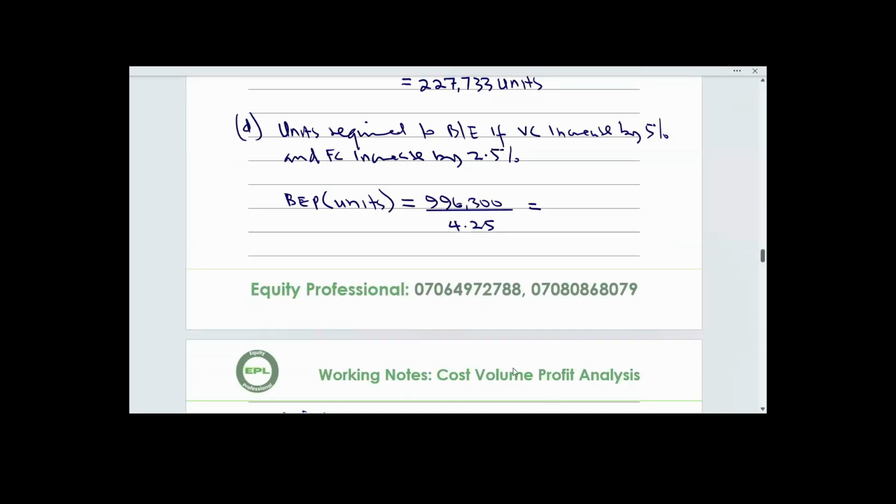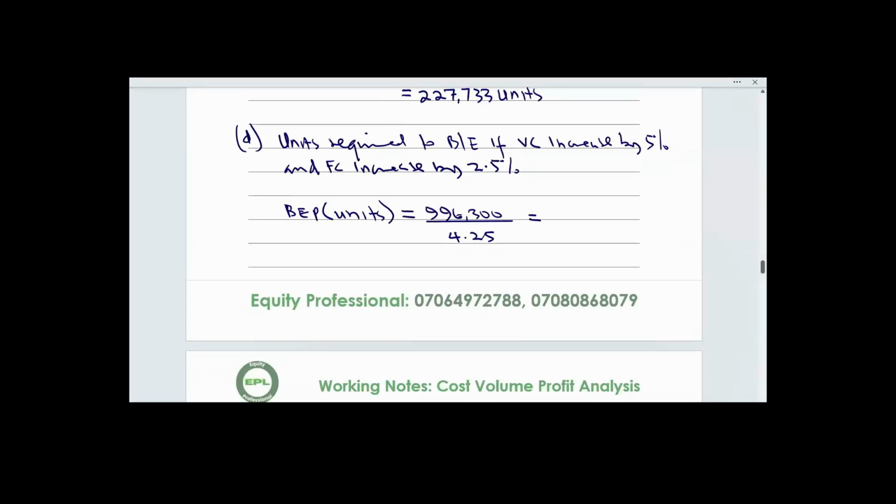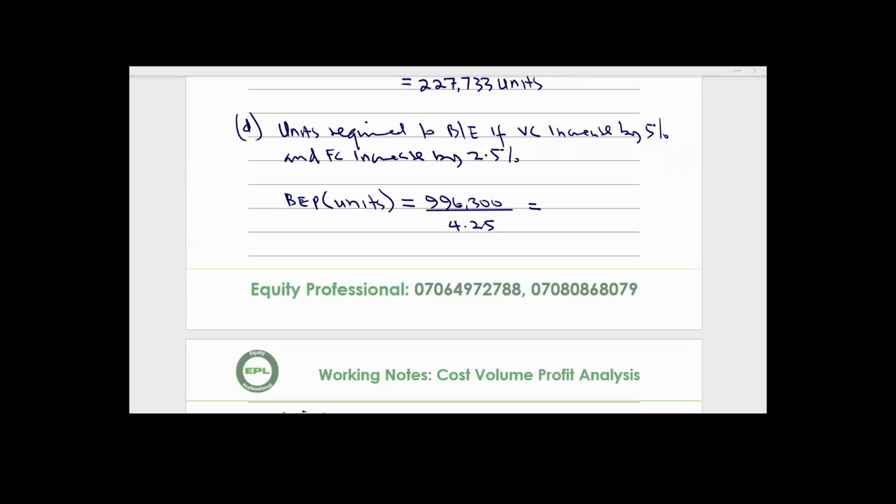Therefore, break-even points in units would then be equal to 996,300 divided by 4.25. That is 234,424. 234,424 units.